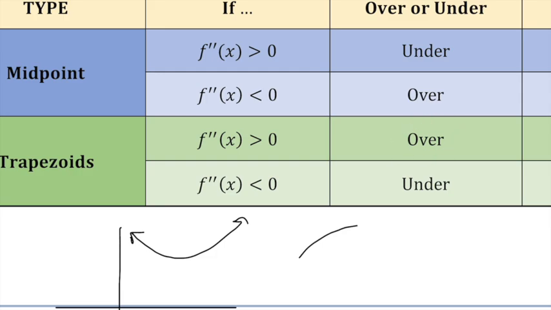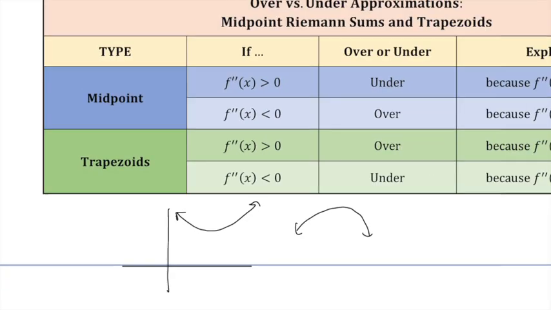And if you're concave down, you are underestimating, right? Because you go here and it's going to be underneath. Because again, when you're concave down, this value is higher than this value. So it's going to be slightly under. But when you're concave up, your right-handed value is going to be slightly above the left value. So that's why it's an overestimation.